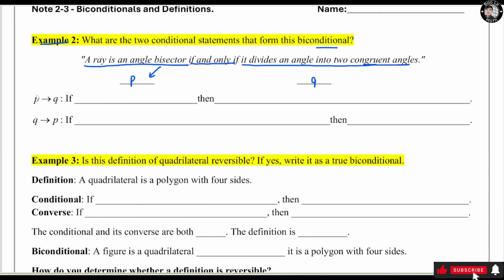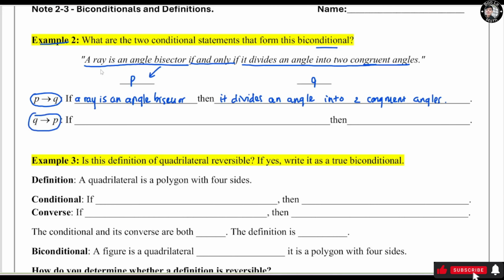Now P implies Q: if a ray is an angle bisector, then it divides an angle into two congruent angles. Now Q implies P: if a ray divides an angle into two congruent angles, then it is an angle bisector.